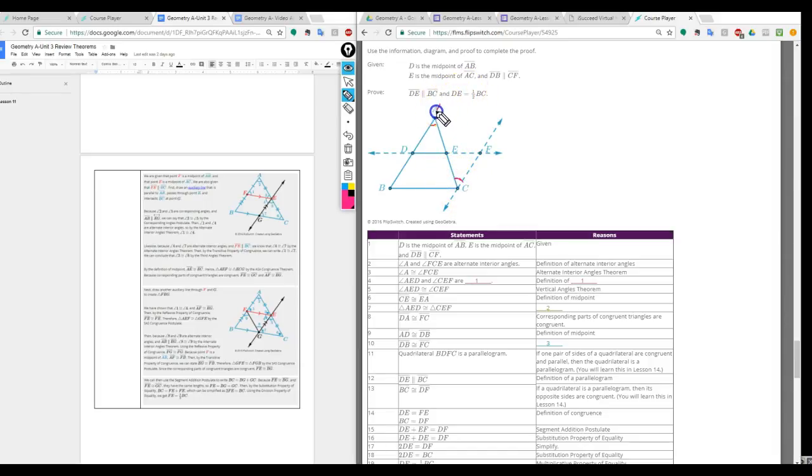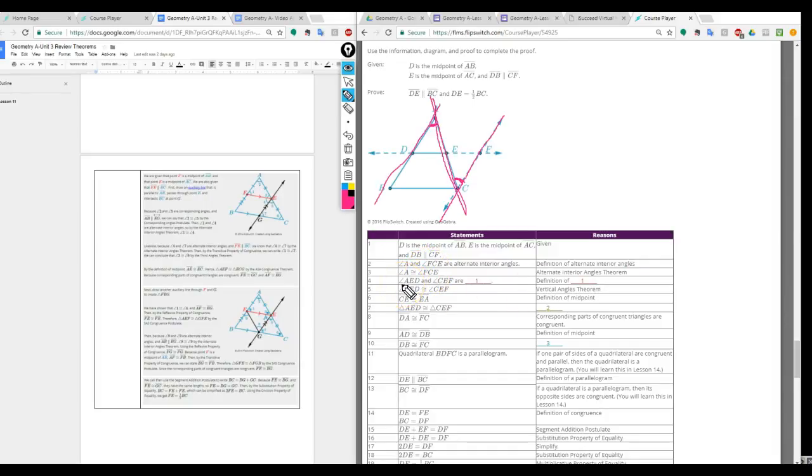And you may be asking how. This line and this line were given as parallel. We have a transversal that crosses our parallel lines, which is AC, and we have alternate interior angles. Right there, alternate interior angles theorem.